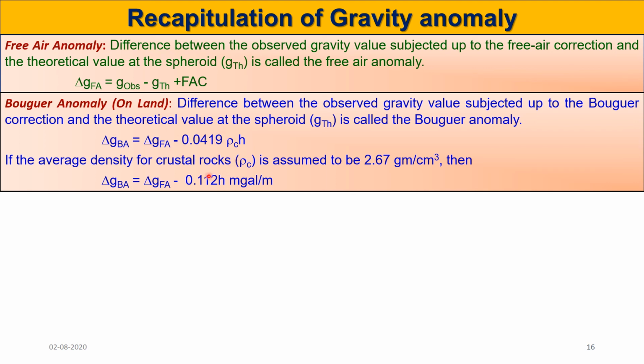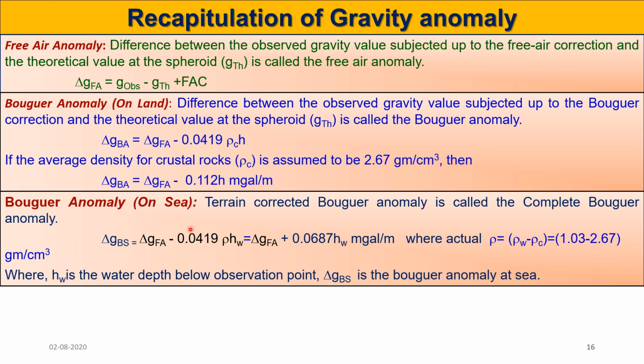And if we substitute the average density of the crustal rocks, then the formula is delta GFA minus this factor into the height, that means the thickness between the station and the sea level datum, for the assumption of the infinite slab.